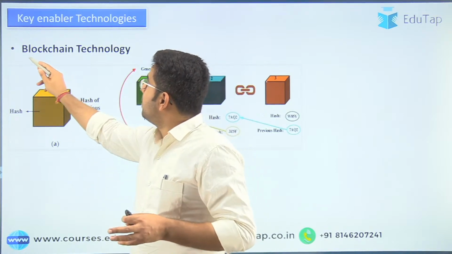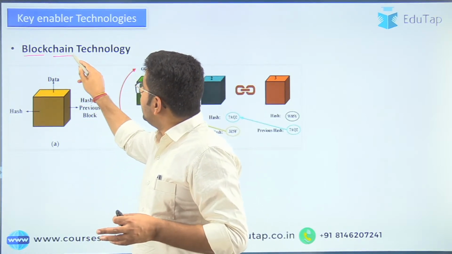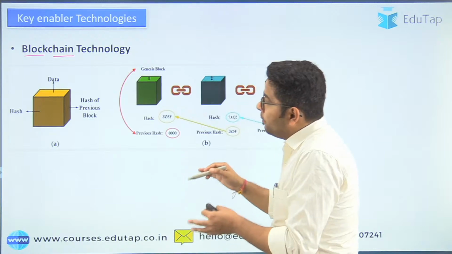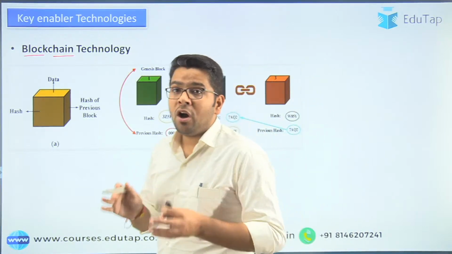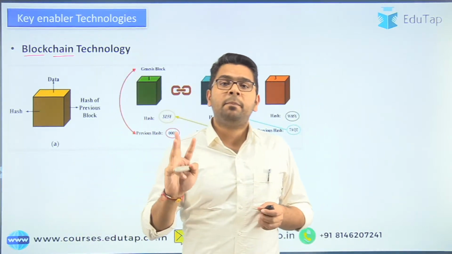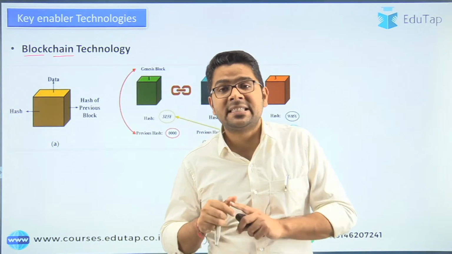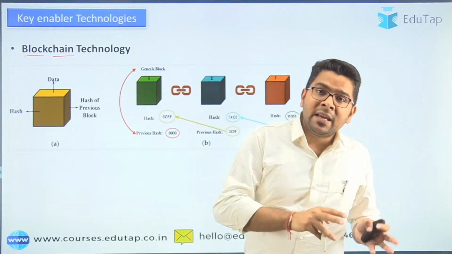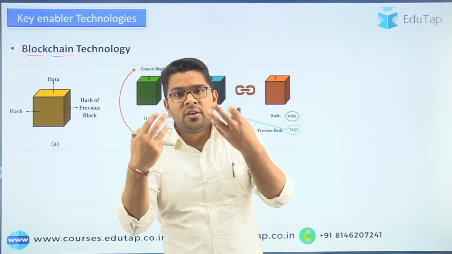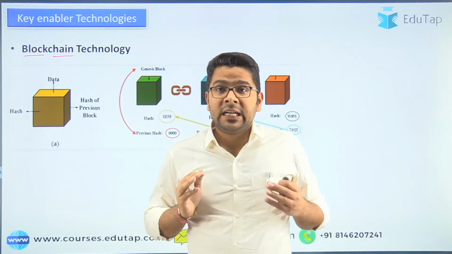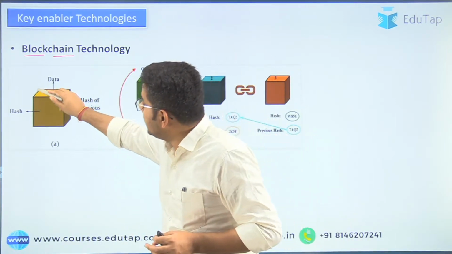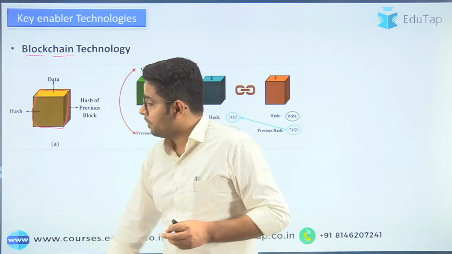There is the term block, there is the term chain. So what is a block? A block comprises three important parts. One is the data. Suppose I am making a transaction to you, so that is data. That data will be stored in this particular box.